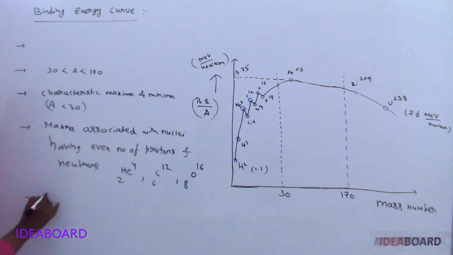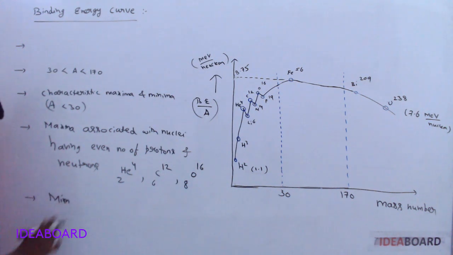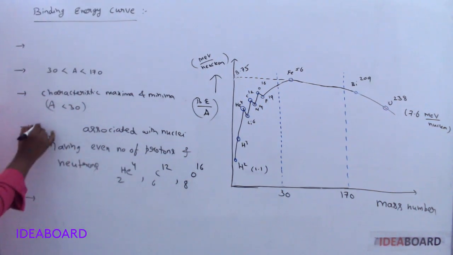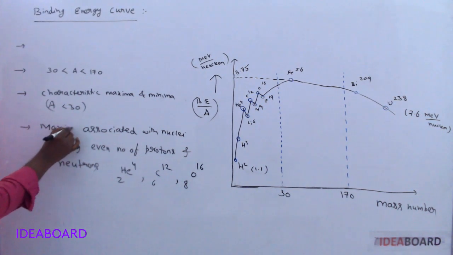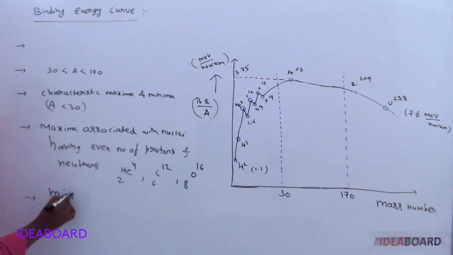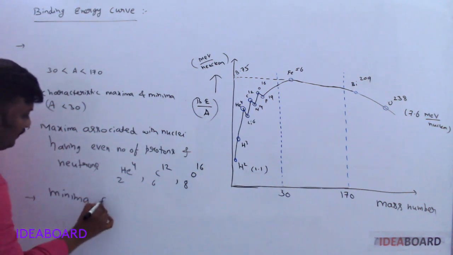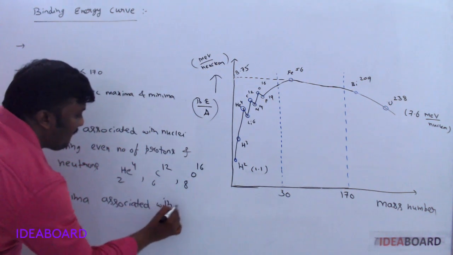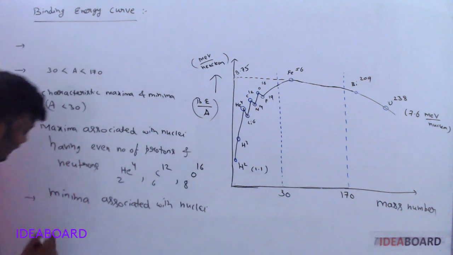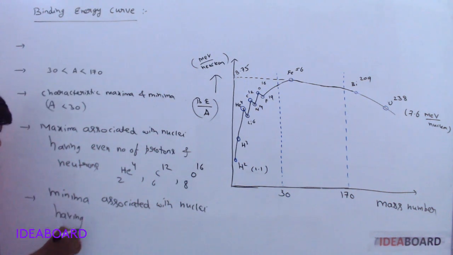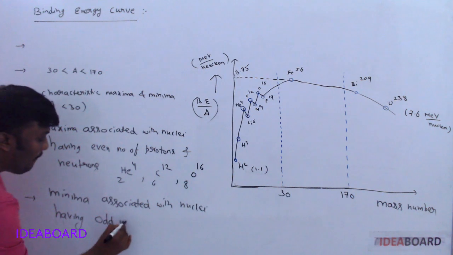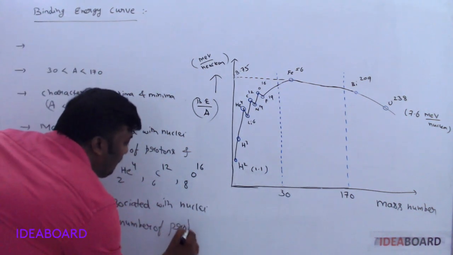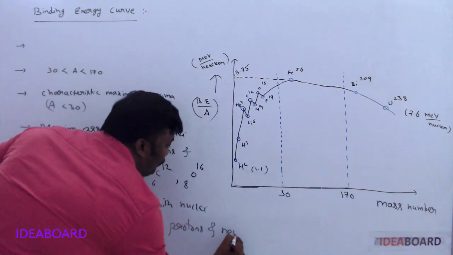So minima are associated with nuclei having an odd number of protons and neutrons.